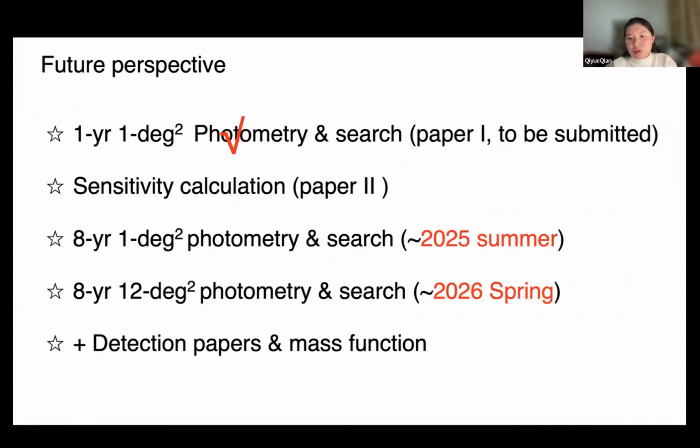We plan to finish the 8-year, 1 square degree photometry and the search this summer and finish the 8-year, 12 square degree high cadence field search before the next spring. So hopefully we will find some new FFP candidates, especially the low mass ones, and get mass function results finally. So that's all. Thank you.